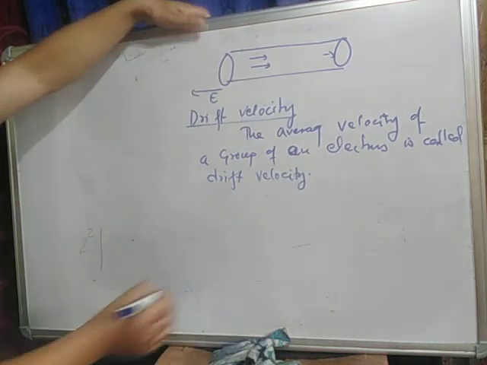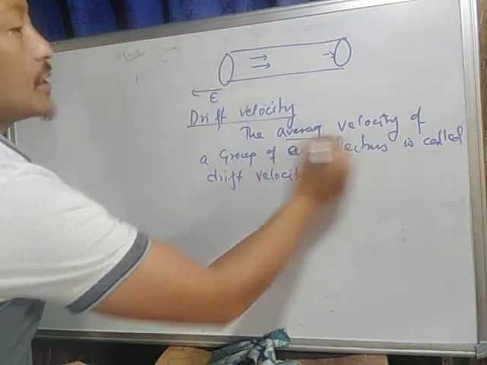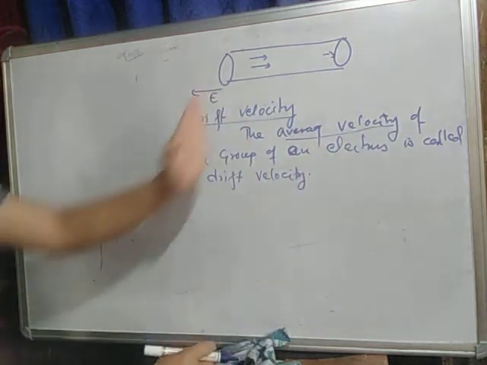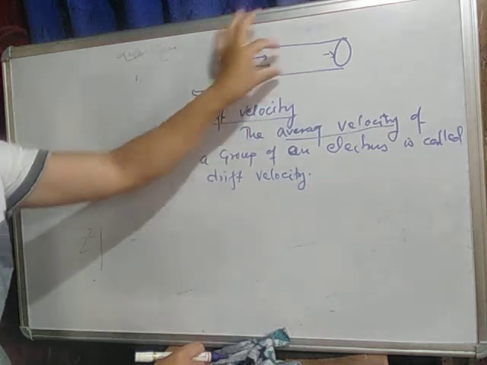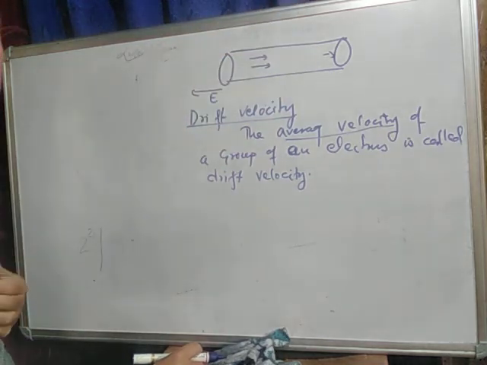Right? So it is the average velocity of a group of electrons. Only one electron will not go this side; they move in a group.